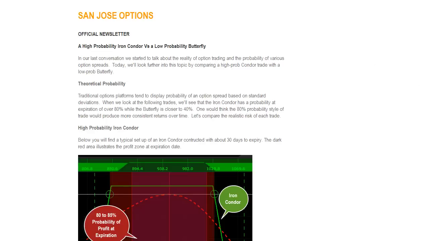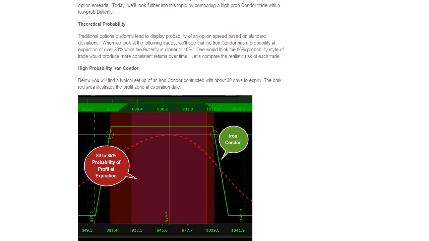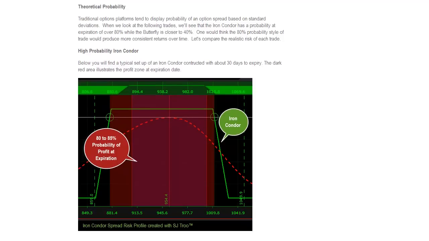So here we are looking at a high prob Iron Condor. And you'll see this one here has a probability of somewhere between 80 and 85%. So once you factor in the standard deviation, you're going to see between the circles here, these are the break evens, that this trade typically will be from 80 to 85% if you start the trade selling near the 10 delta.